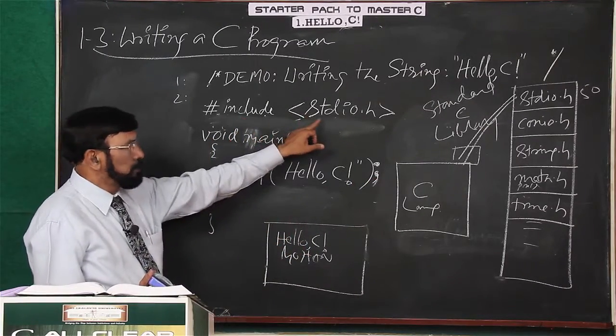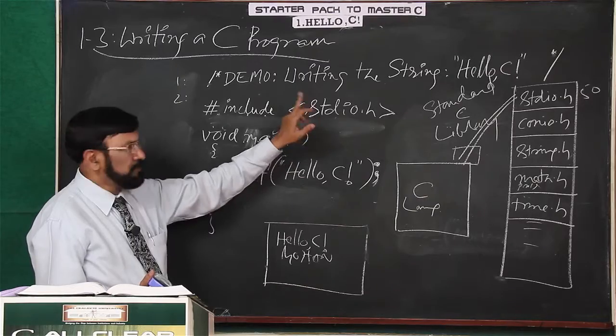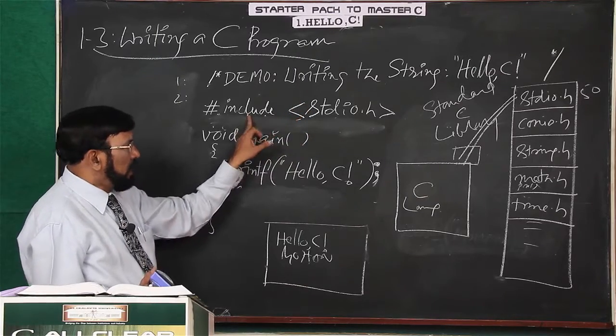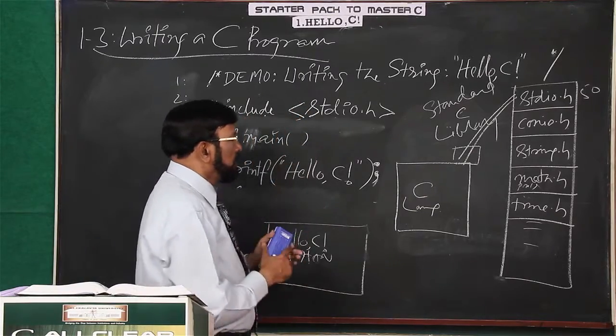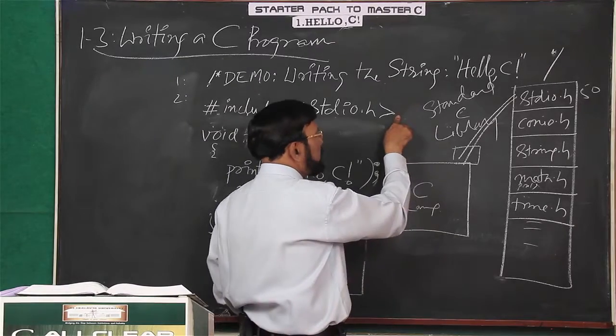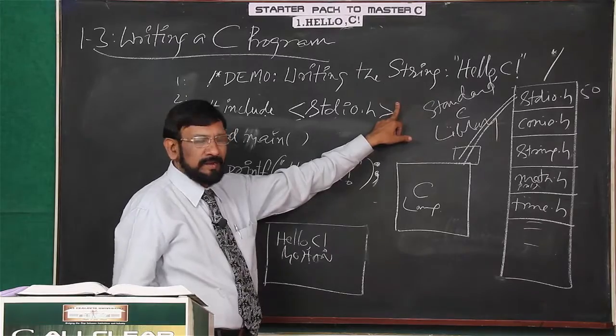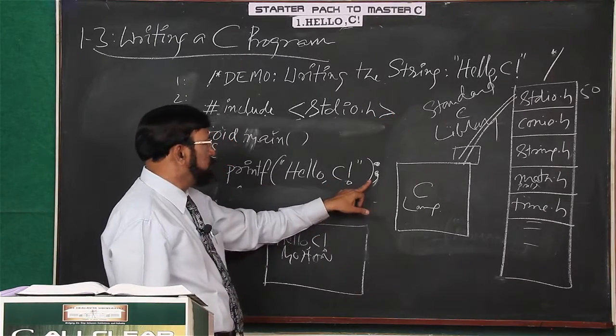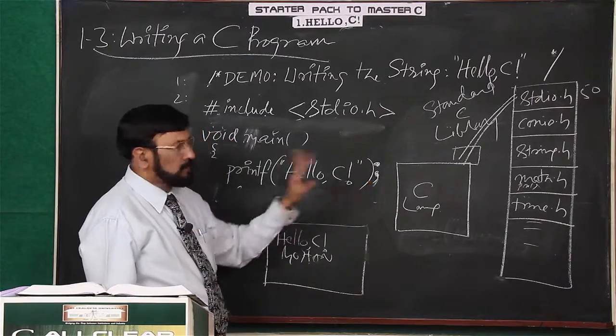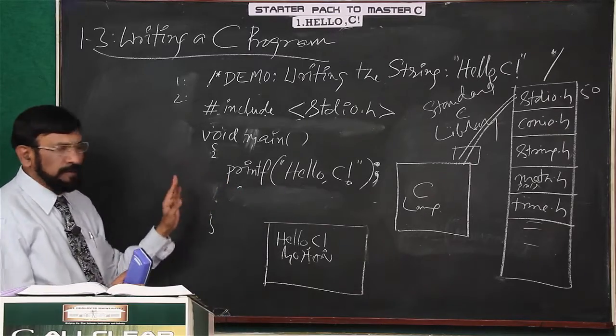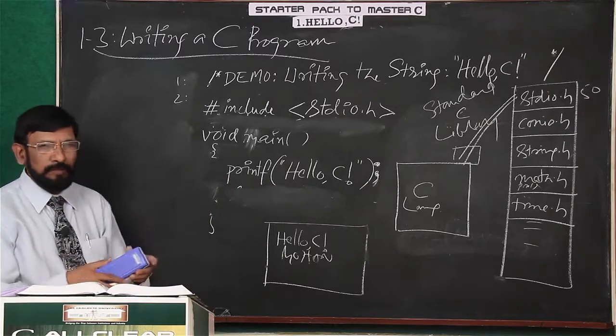This is called a preprocessor directive, and somewhere later I will explain. After a preprocessor directive, you should not write any semicolon. That you remember. If you write a semicolon here, it leads to an error. So these grammar rules you should strictly follow by observing.